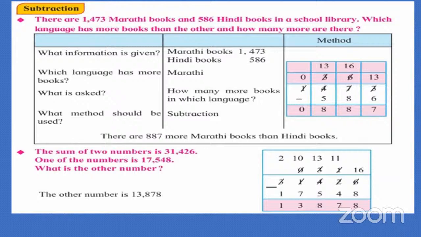Which information is given there? Marathi books, 1,473, and Hindi books, 586. Very nice.